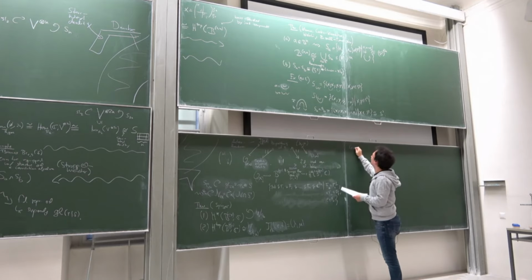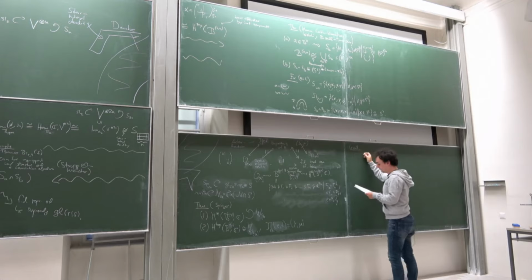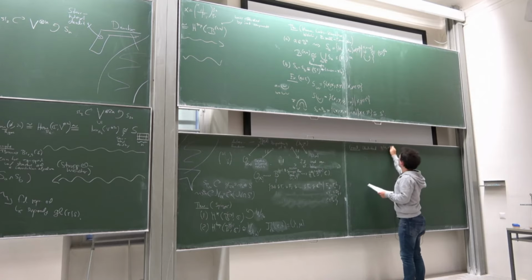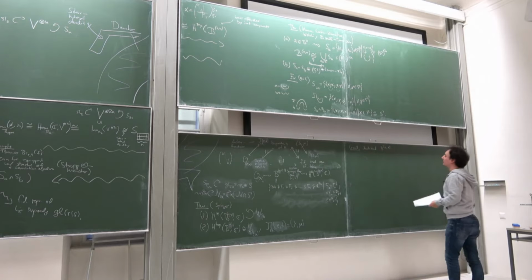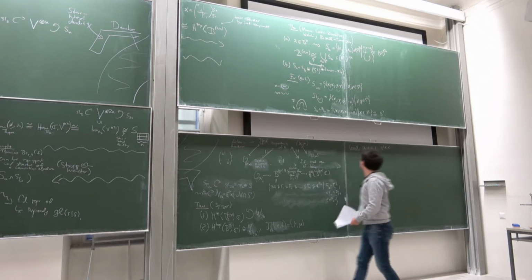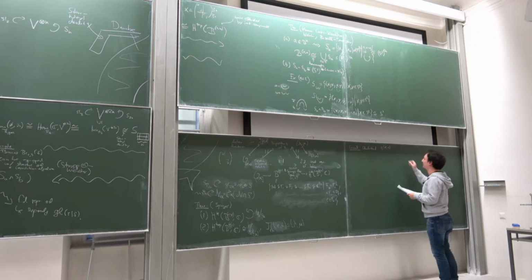Okay, so now the goal, which I'm hoping to finish during this hour, is to understand this exotic Springer fiber here, in the case of certain special partitions, or bipartitions in this case.